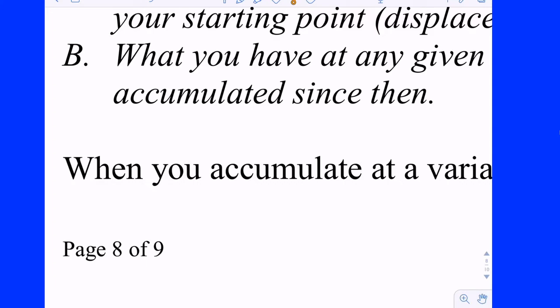So if there's a different rate for how fast something is leaving versus how fast it's coming in, you can modify it to say the amount at any given time is a function of the current amount plus what you've gained since that time minus what you've lost since that time. But in general, if you have a single rate equation that tells you how fast something's changing, the integral of that will give you the net change, okay? Kind of an important idea.